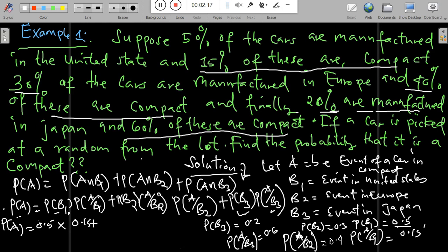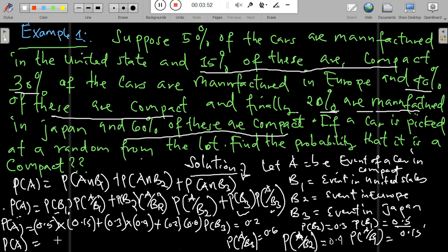The probability of A is equal to the probability of B1, that is 0.5, times the probability of A given B1, that is 0.15, plus the probability of B2, that is 0.3, times the probability of A given B2, that is 0.4, plus the probability of B3, that is 0.2, times the probability of A given B3, that is 0.6.